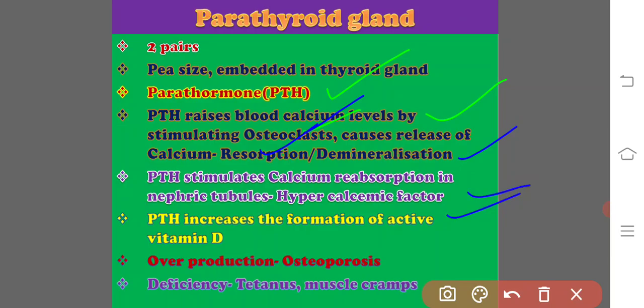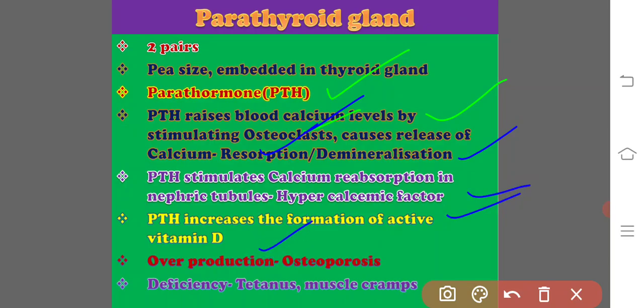So, the PTH hormone acts as a hypercalcemic factor and increases the blood calcium levels. In contrast, calcitonin acts as a hypocalcemic factor and decreases the blood calcium levels by eliminating calcium in urine and decreasing the reabsorption of calcium through the intestinal epithelium. Overproduction of PTH leads to osteoporosis.